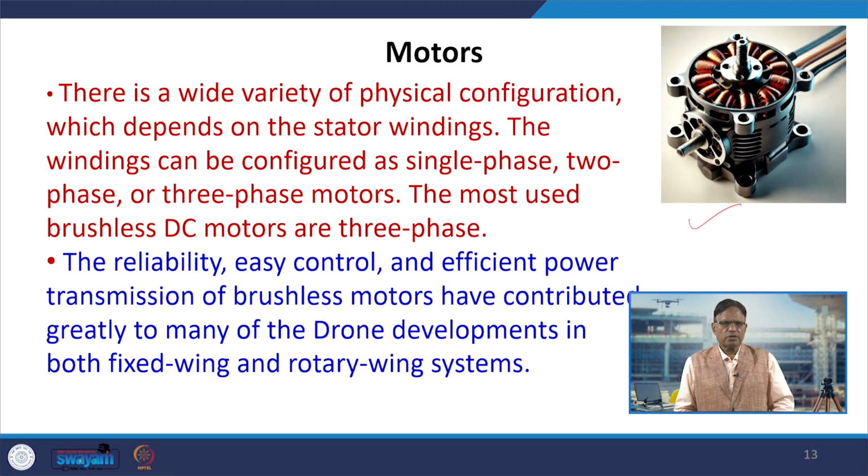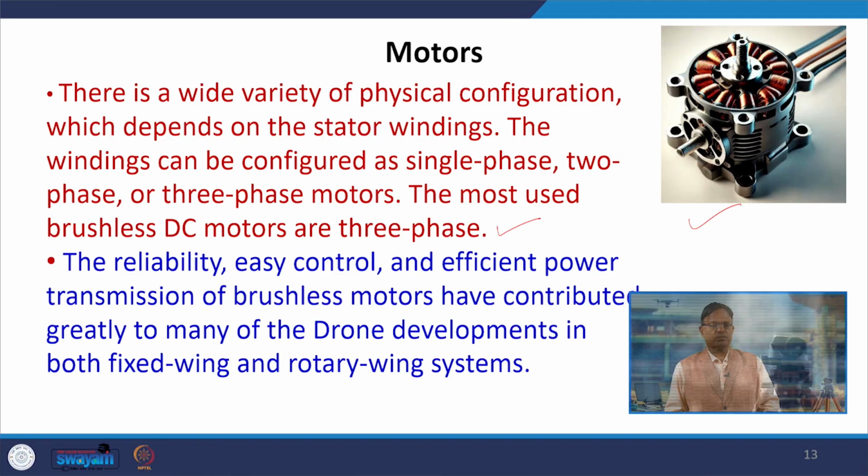The most used brushless motors normally have three-phase winding. The reliability, easy control and efficient power transmission of brushless motors have contributed greatly to many of the drone developments in both fixed wing and rotary wing. So, this motor plays a very important role in the drone system.